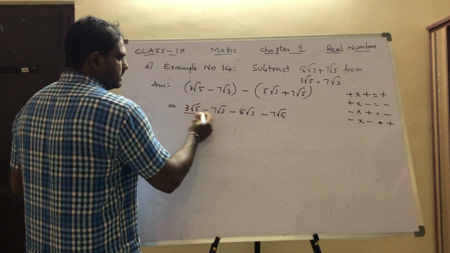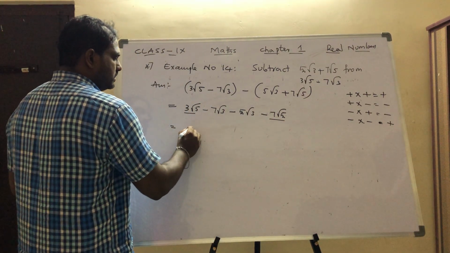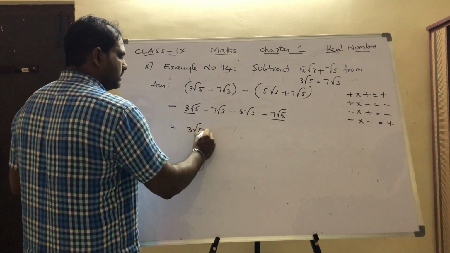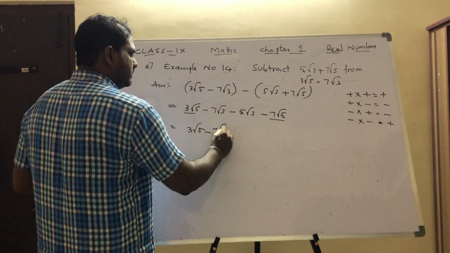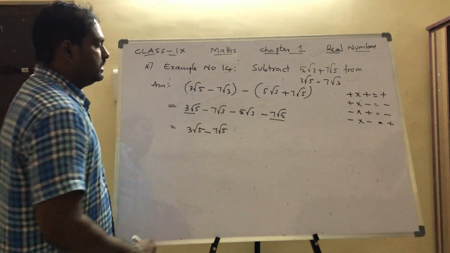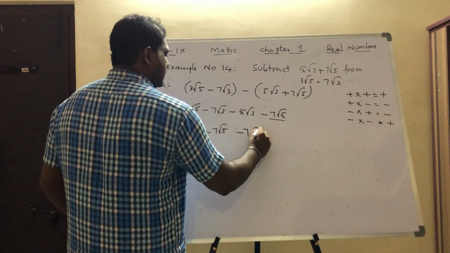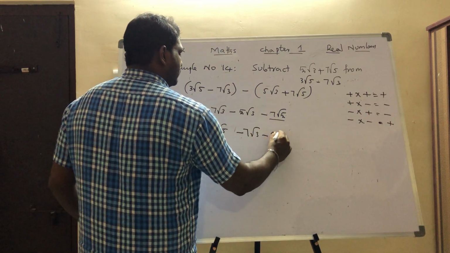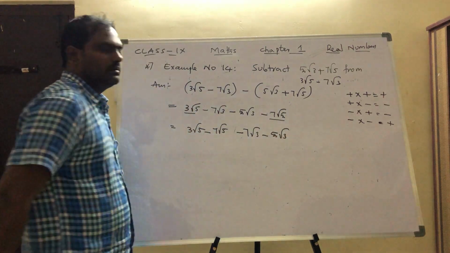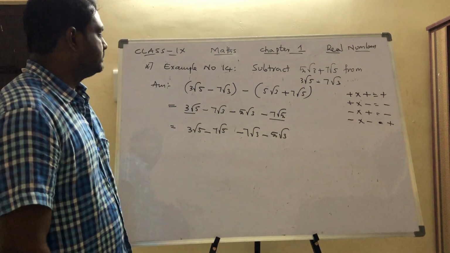Now this and this are like terms. So what I write is 3 root 5 minus 7 root 5, these are the like terms first. Then these two: minus 7 root 3 minus 5 root 3.